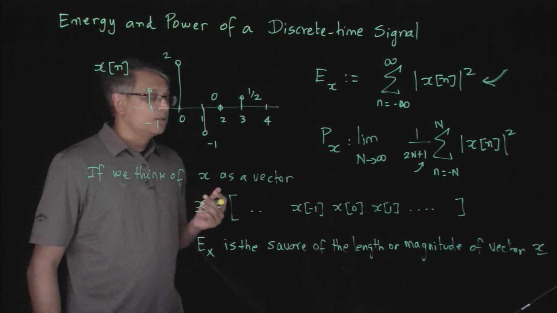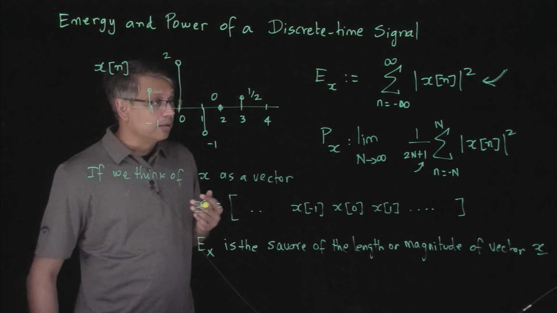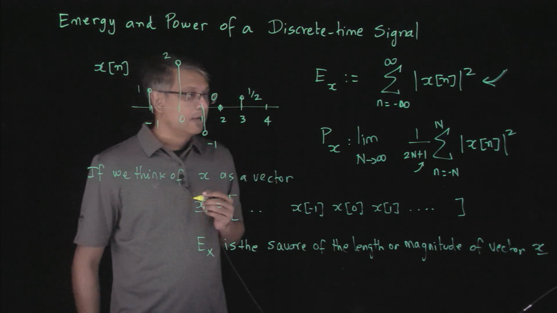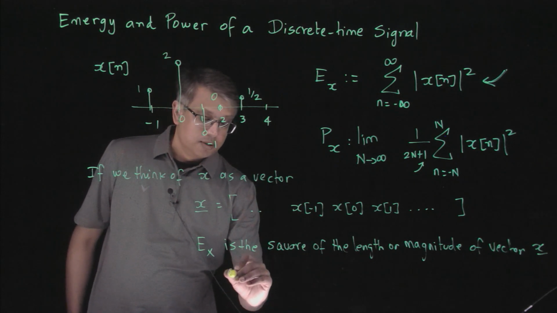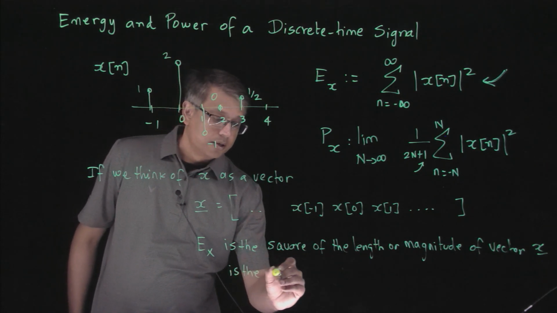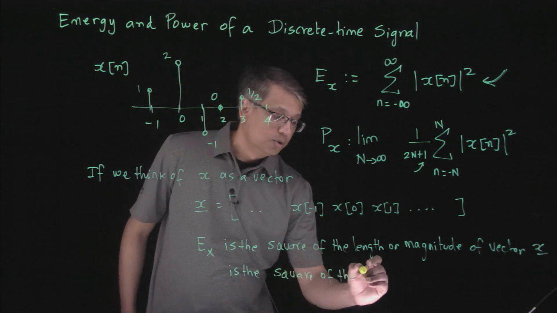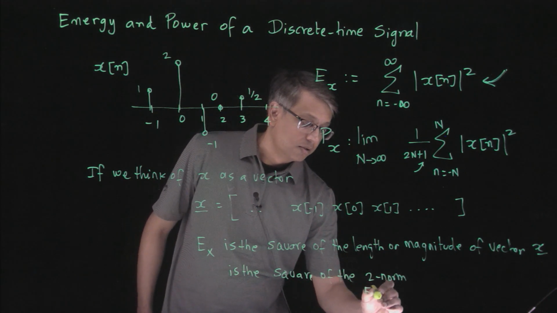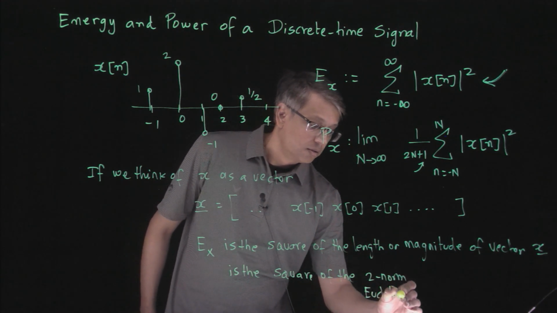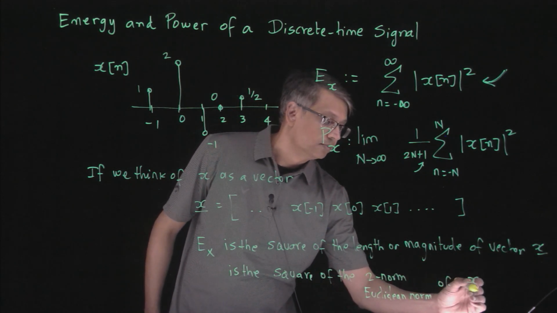In mathematics, this is also called the norm of x, or more particularly, the square of the norm of x. More specifically, E sub x is the square of the 2 norm or Euclidean norm of the vector x.